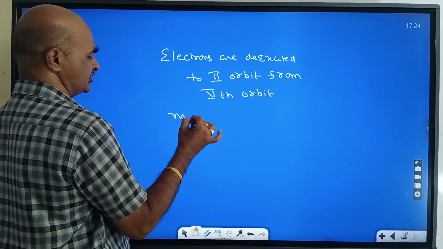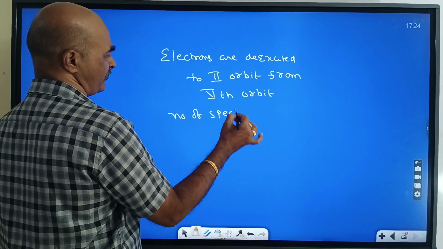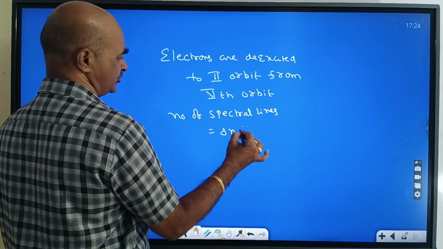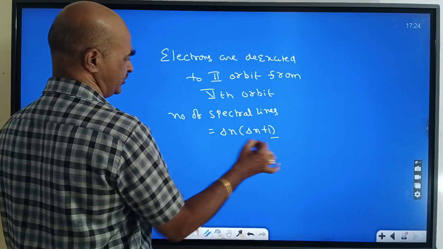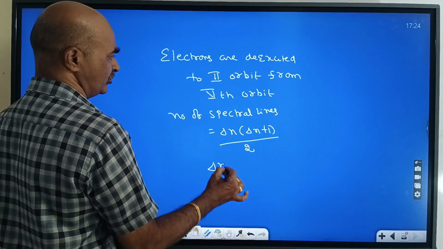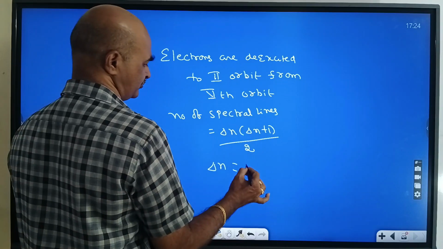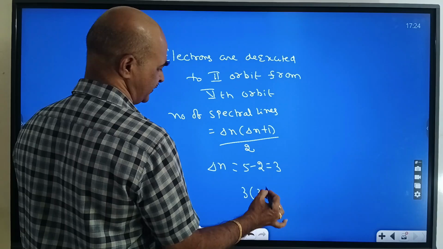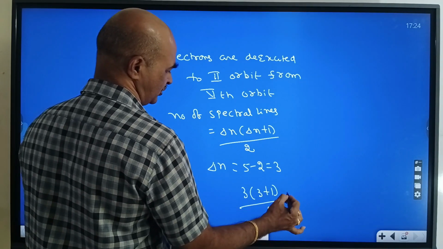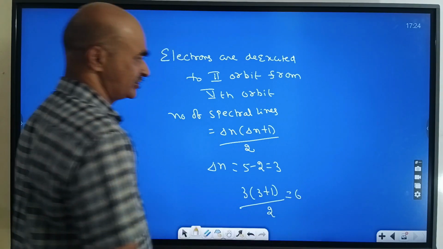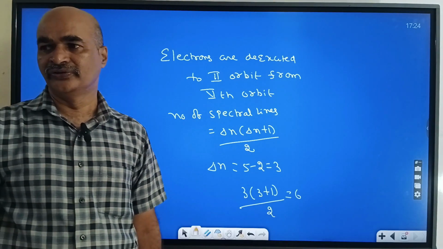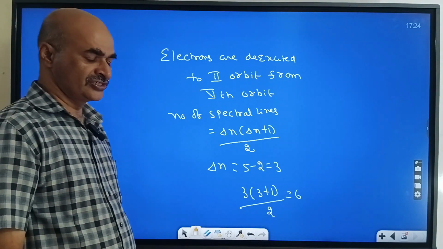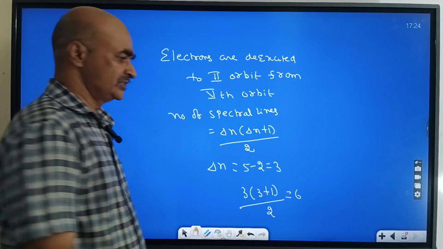Number of spectral lines is equal to delta n into delta n plus 1 divided by 2. Delta n is equal to 5 minus 2, that is equal to 3. Therefore, 3 into 3 plus 1 divided by 2, that is equal to 12 divided by 2, which is 6.